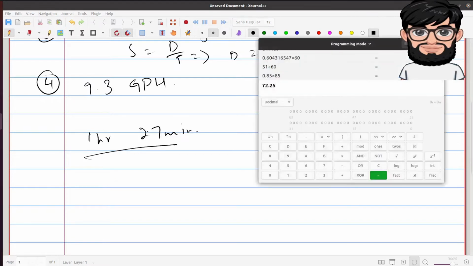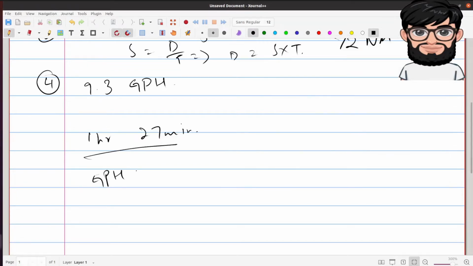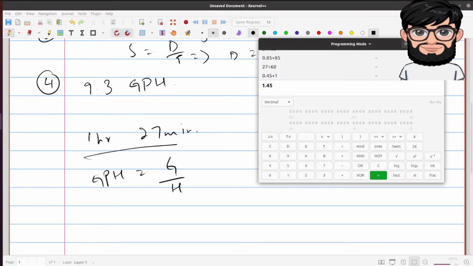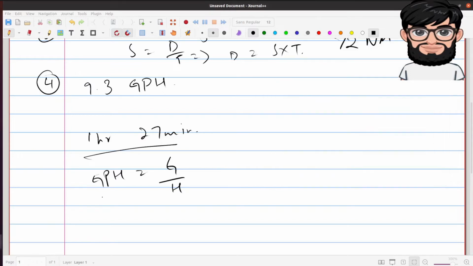The only thing troubling here is that 27 minutes is not an hour, so it needs to be converted to hours first. That is 0.45 hours plus 1, that would be our time. Then the GPH is just the gallons per hour, so we multiply this with 9.3 and it tells us it's almost 13.5 gallons.